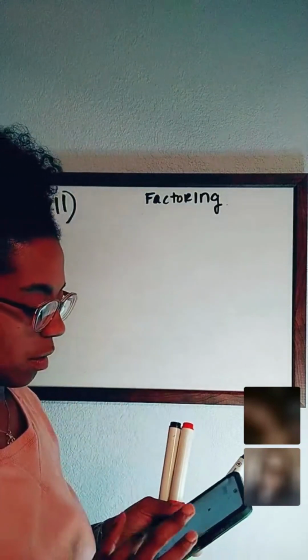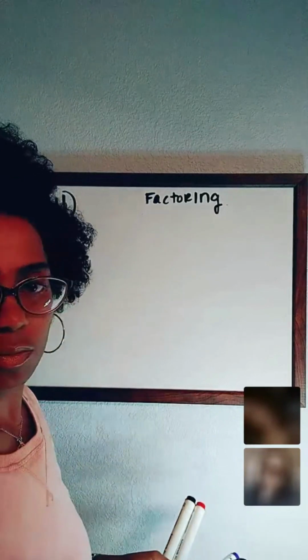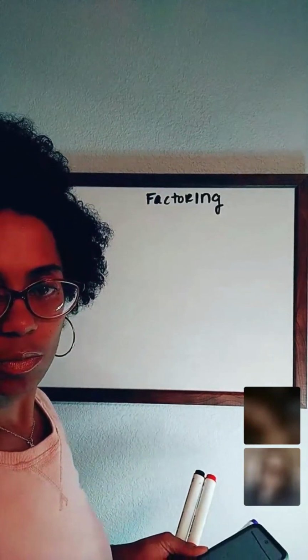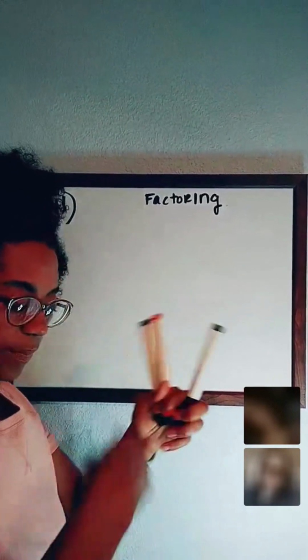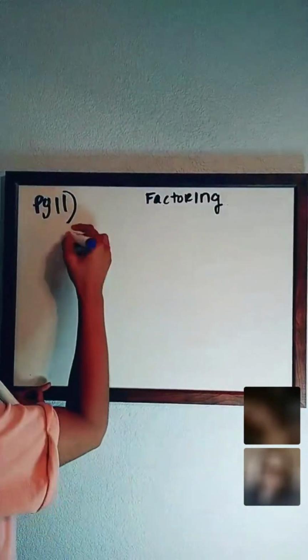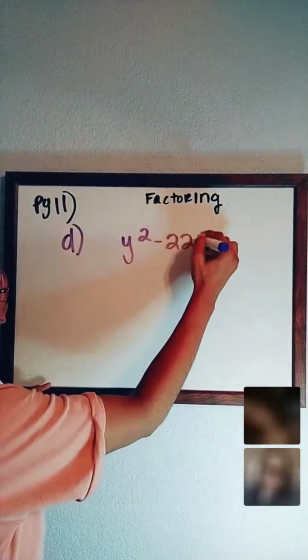All right, before we run out of time. Yeah, I'm going to do D. She said, well, are you going to do D? Melanie said, wrap it up. All right, so y squared minus 225.